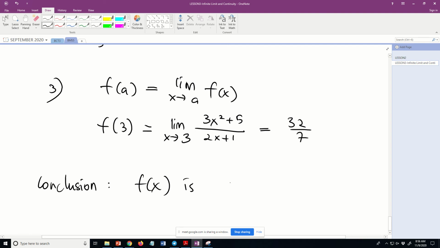Thank you everyone. Right, my conclusion is that f(x) is continuous at x equals 3. Why do we do all this? Because we want to see whether f(x) is continuous at 3. So once I satisfy condition 1, condition 2 and condition 3, my conclusion is that f(x) is continuous at x equals 3. That is what it means.